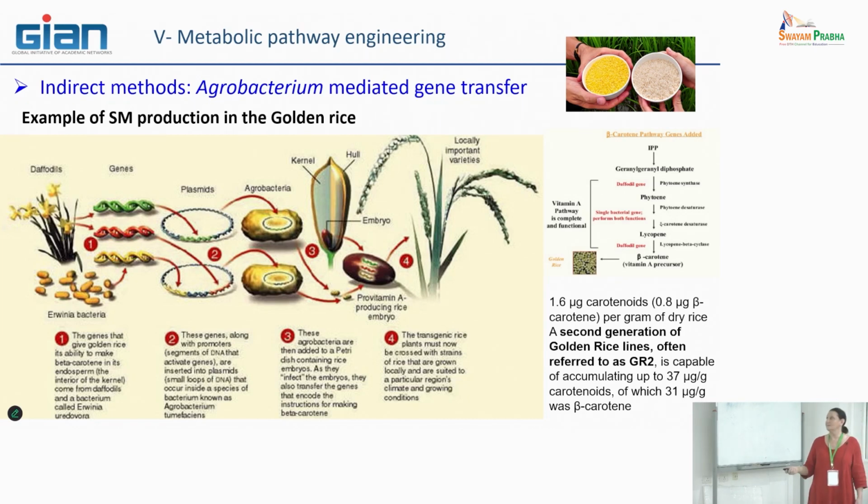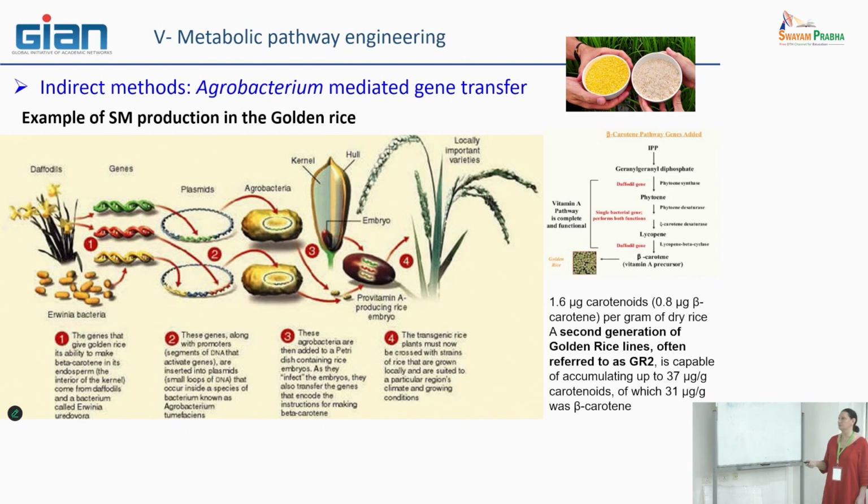This is why it has also been named golden rice. So the first experiment was quite a proof of concept. And it was interesting because they succeeded in producing carotenoids in seeds. But you see here, the amount of production is very, very low.